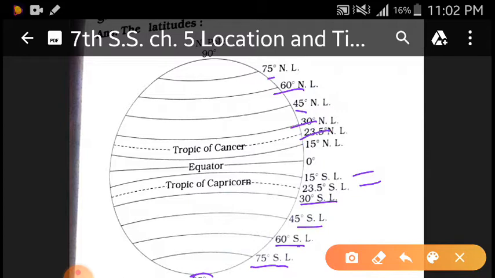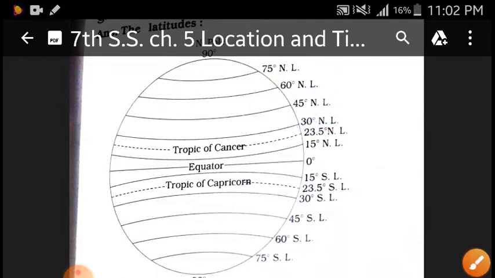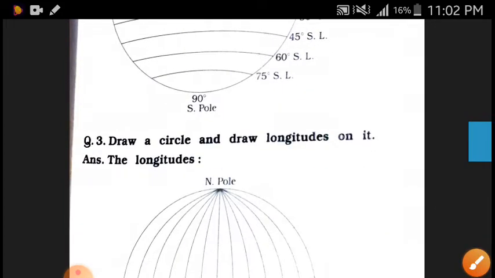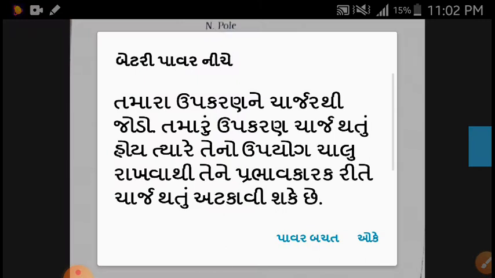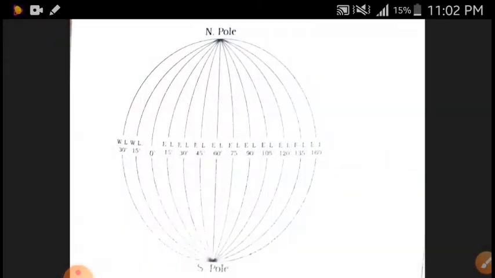Now let us see what longitudes are. In another picture it is shown: draw a circle and draw longitudes on it. Here is the picture of the earth, and you can see that the longitudes are vertical lines.